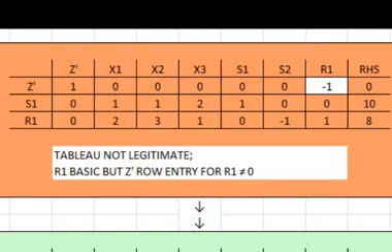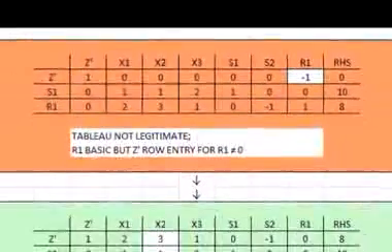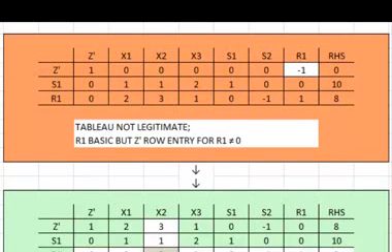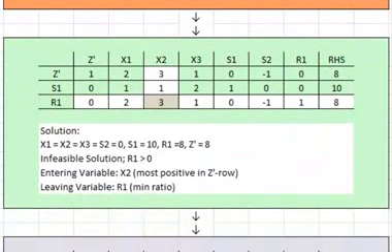So we need to get rid of that -1 under R1 in the Z prime row. To do that, we simply multiply the R1 row by +1 and add it to the Z prime row. The next legitimate tableau will now have 0 under R1.